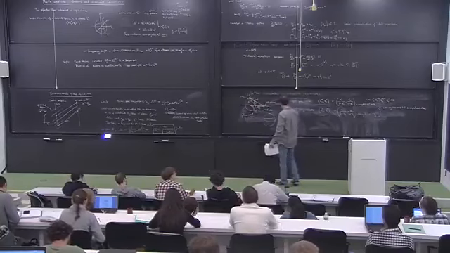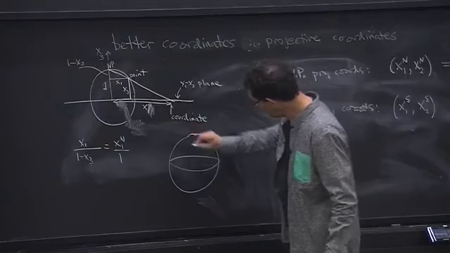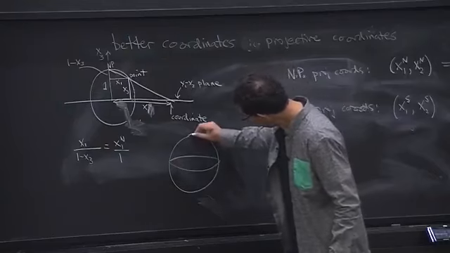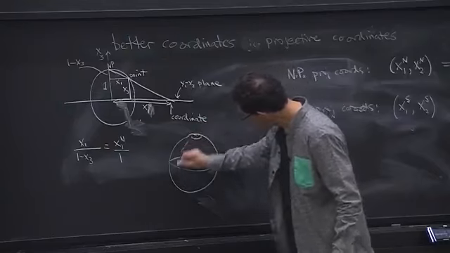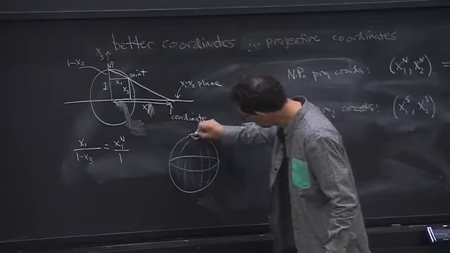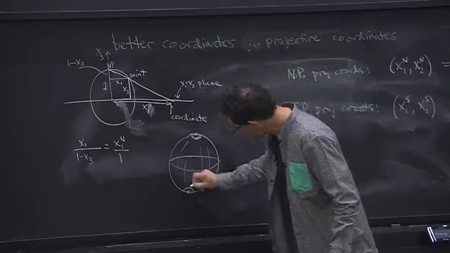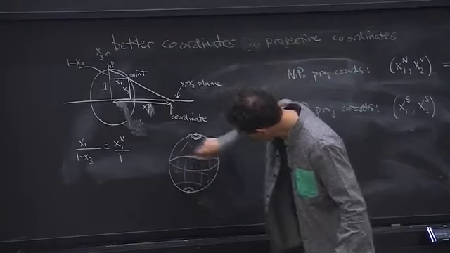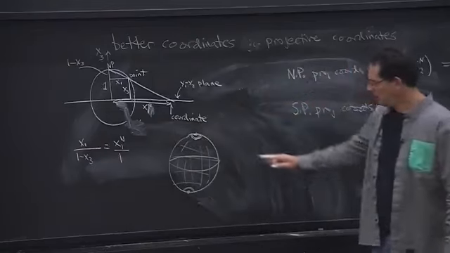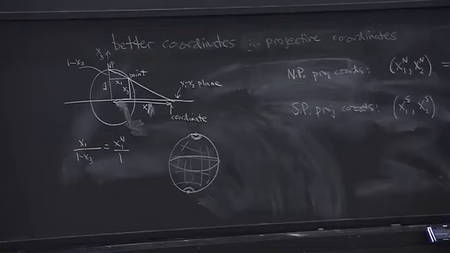So the best we can do is to cover the sphere with the North Pole coordinates, which cover it everywhere apart from the vicinity of the North Pole, and the South Pole coordinates, which cover it everywhere apart from the vicinity of the South Pole. But you see, they overlap everywhere in between, so they're equally good coordinates everywhere in between.